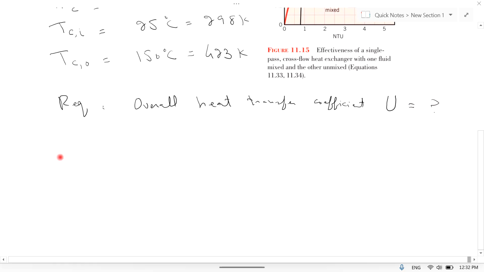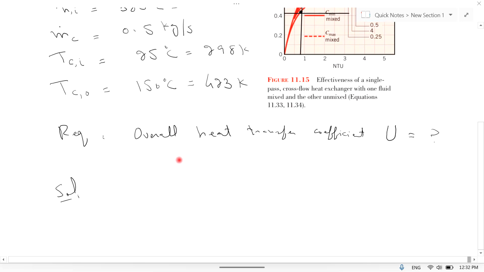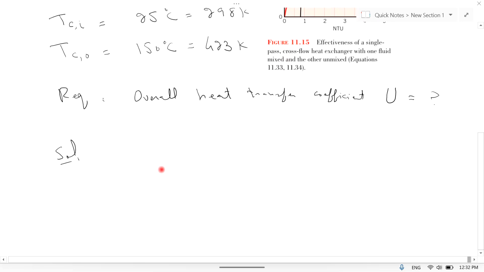So here we start the solution. For the cross flow heat exchanger, if we want to find the overall heat transfer coefficient, NTU is equal to UA divided by C minimum.